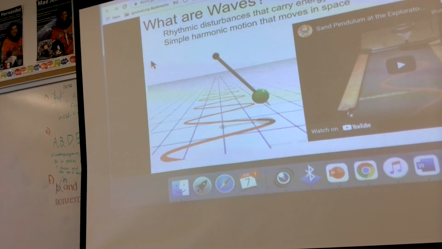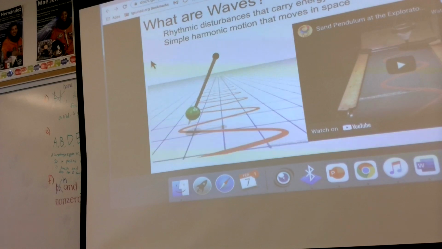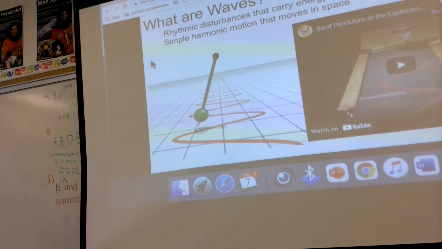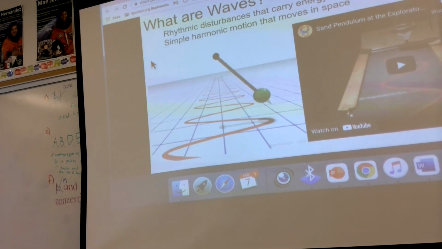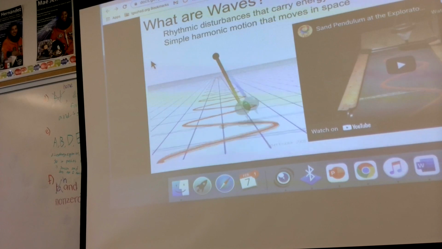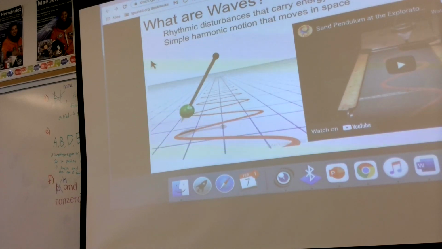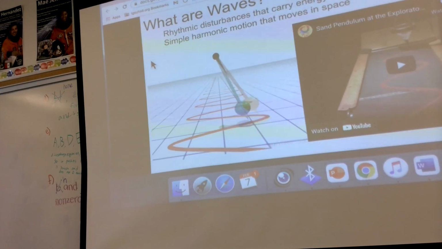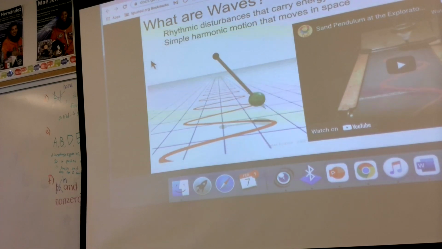When we transfer that energy into the rope, it turns into a wave, and that wave carries the energy to the end of the rope, which is attached to the wall or whatever it's attached to. But that shows how your chemical energy can be transferred. So waves carry energy. The medium, which is the substance in which it travels through, does not move.